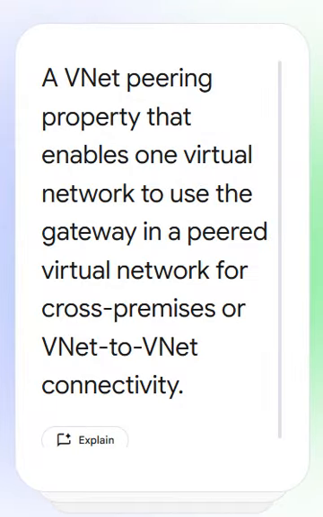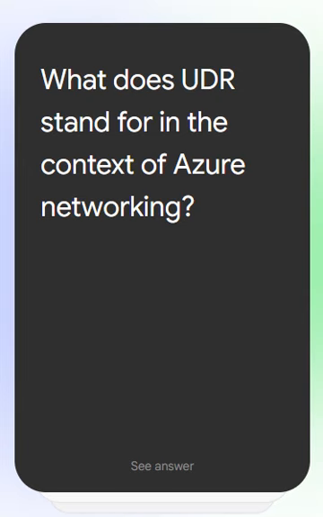Concept: gateway transit. A VNet peering property that enables one virtual network to use the gateway in a peer virtual network for cross-premises or VNet-to-VNet connectivity. What does UDR stand for in the context of Azure networking?